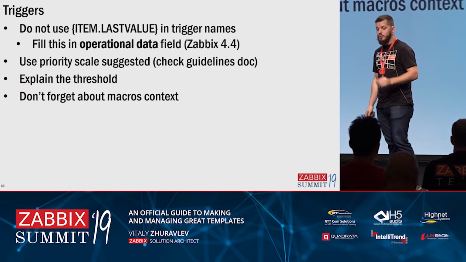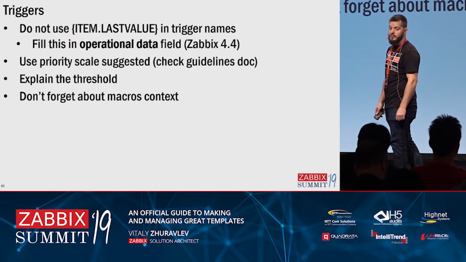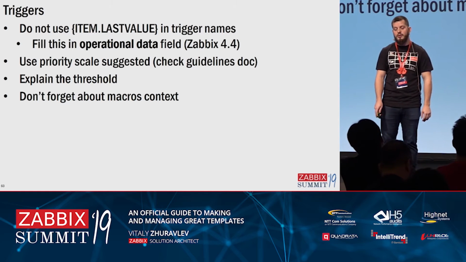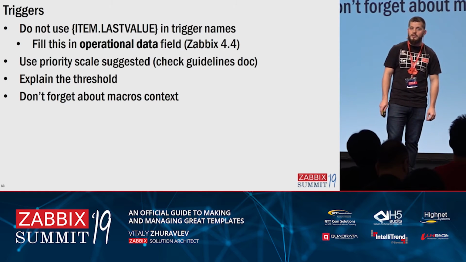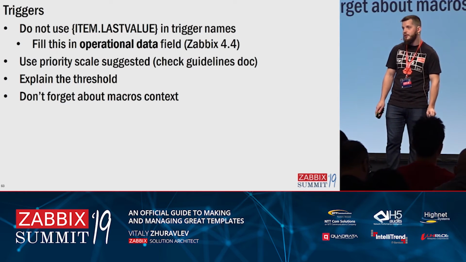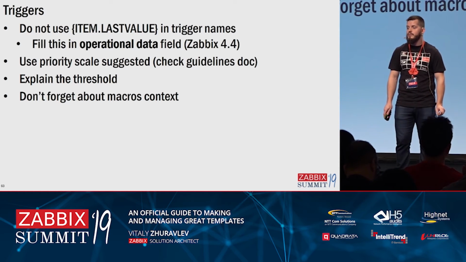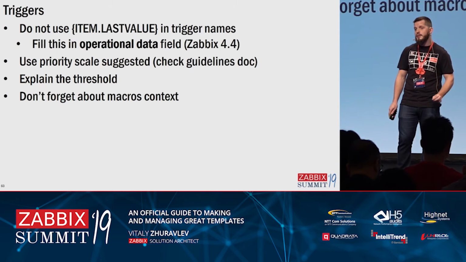Triggers do not use item last value in trigger names anymore. There is a specific field called operational data now for such values. Use the priority scale suggested. The major point here is to try to avoid using disaster severity for resource templates.